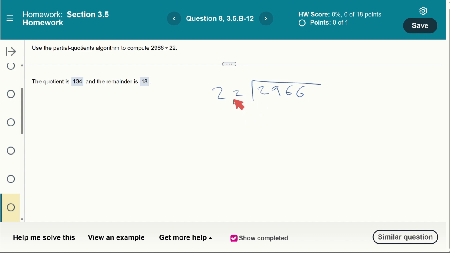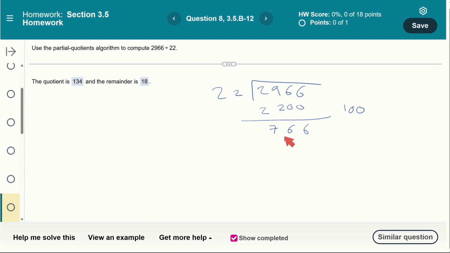We can definitely fit 100 of those in here, right? So we start with 100 times 22. That gives us 2200. We go ahead and subtract. We get 766. So 766 is still there.